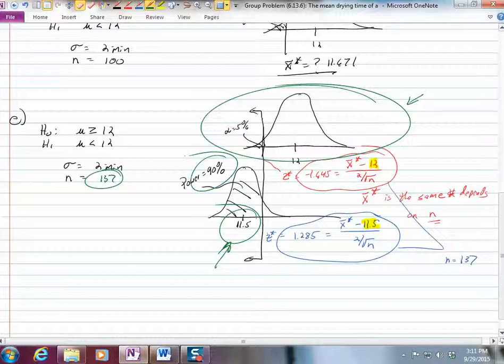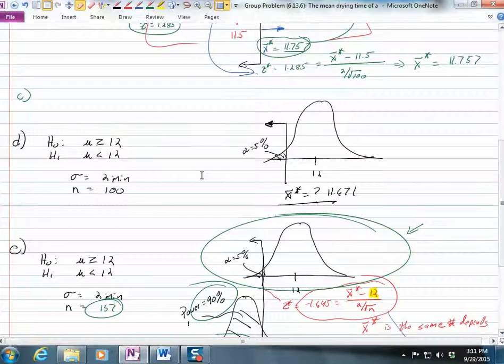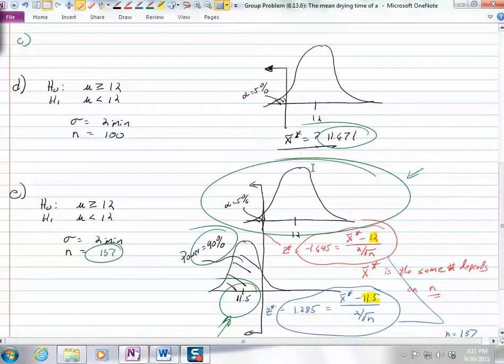Yeah, when we solve for x bar star, 11.867, why didn't we just use that? Oh, great question. Had that question twice. So for part D, we solved for this value, but we couldn't use it down here because this value was based on that. Right?